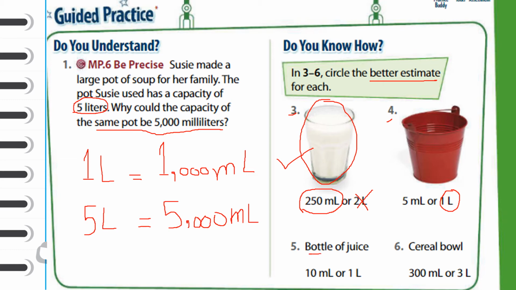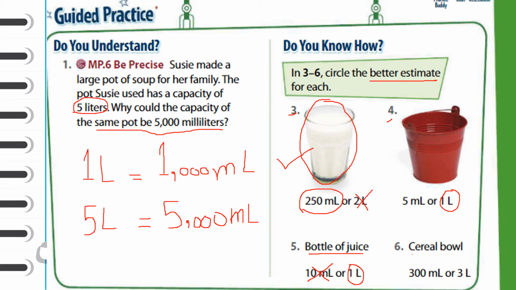Then you buy a bottle of juice. So what could be the capacity of that bottle? Excellent. 1 liter. 10 milliliter is too less for the juice bottle.